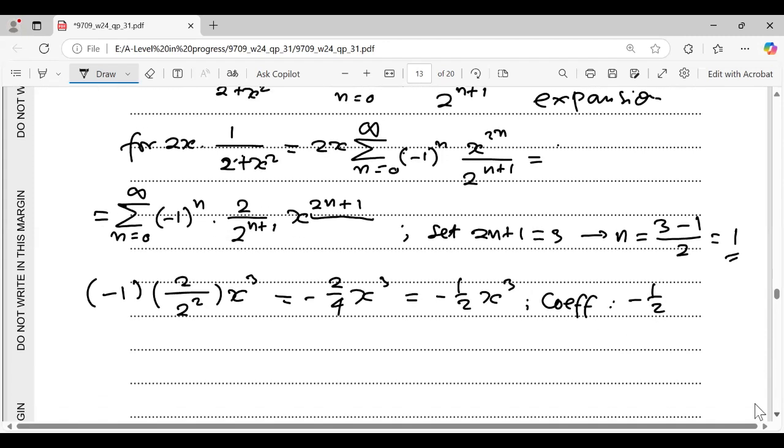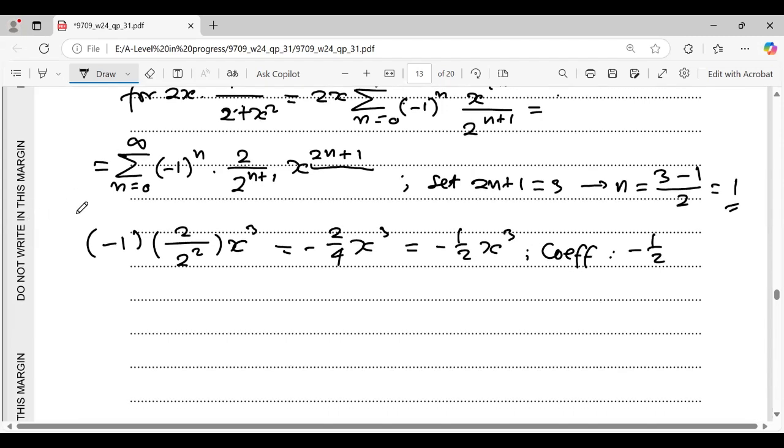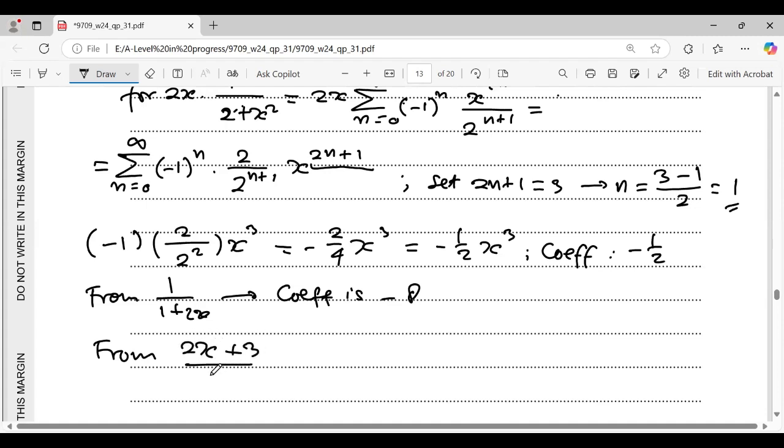And we're going to combine the coefficient from 1 over 1 plus 2x. The coefficient is minus 8, and from 2x plus 3 over 2 plus x squared, the coefficient is minus 1 half.